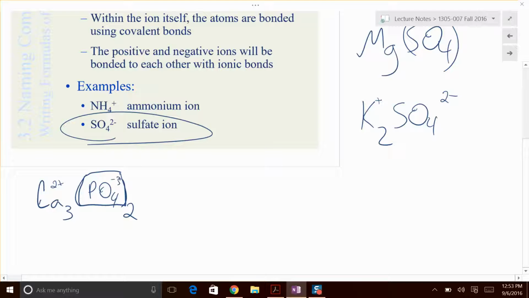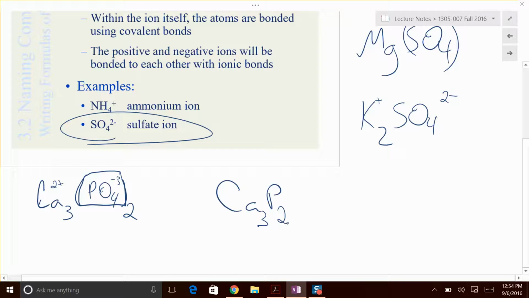You just have to tell me what there is. You never have to tell me how many. You don't have to tell me there's 3 calciums or 2 phosphates. I can determine that from the charges of those. So you just have to tell me what is there. Calcium phosphate. Okay? So that is different than this.